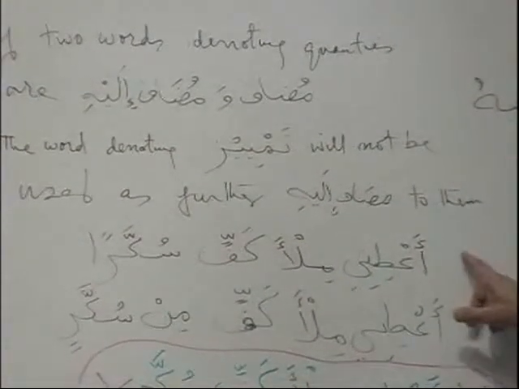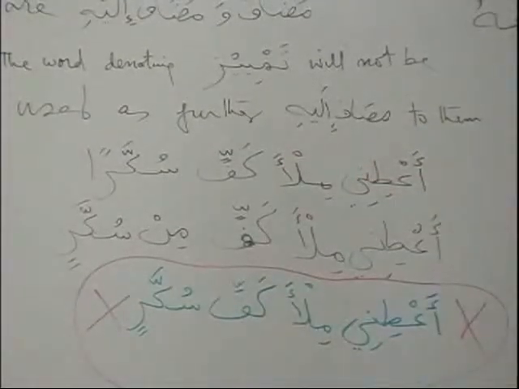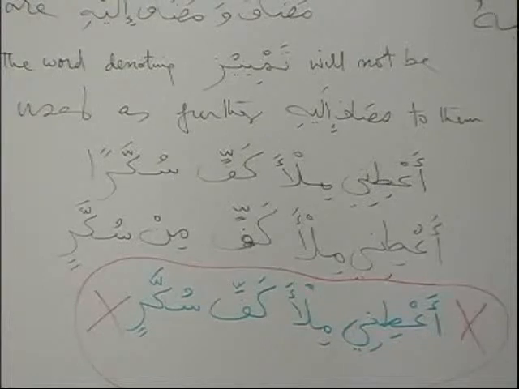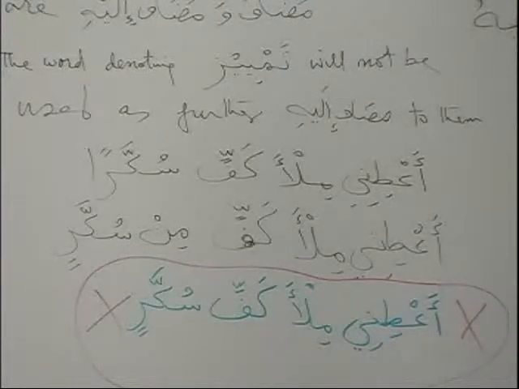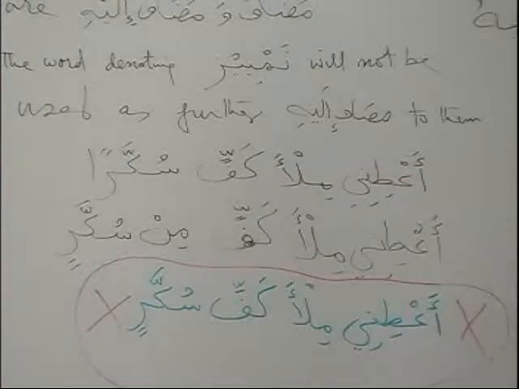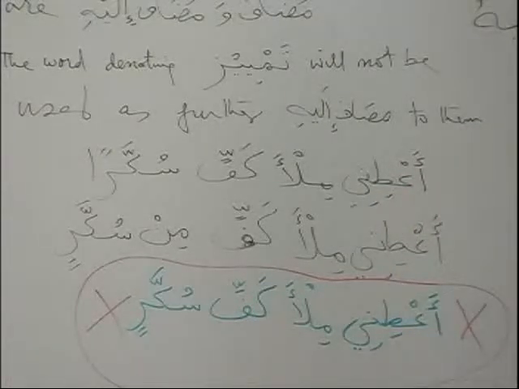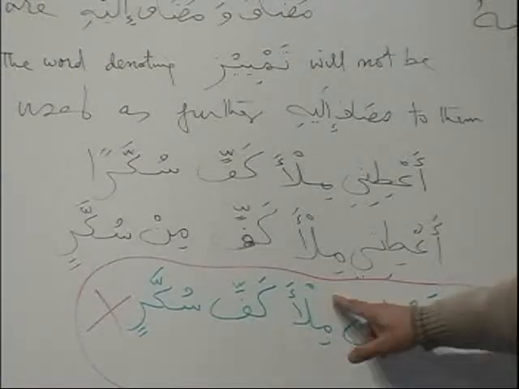So we have to do it. Atini mila kafin. What is mila kafin? Milu kafin, fistful of, handful, means little. Handful of, okay, give me handful of what? Sugar. So that is your tamyiz. And then atini mila kafin, you can use min sukkarin. Are you with me? But you cannot say atini mila kafi sukkarin.